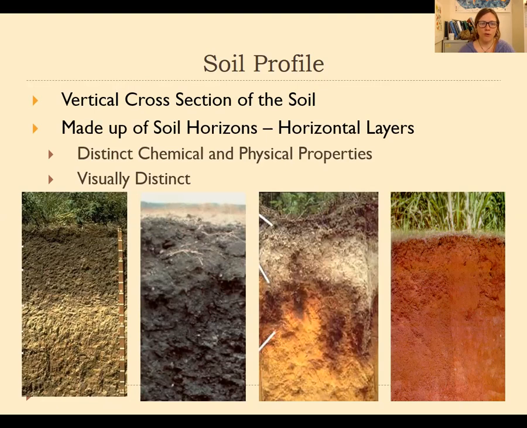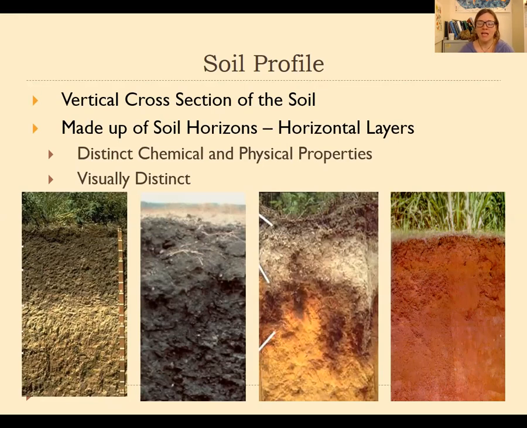So a soil profile is made up of different horizons, which are these distinct horizontal layers within the soil. They are distinct because they look different from one another, and they look different because they have different chemical and physical properties.